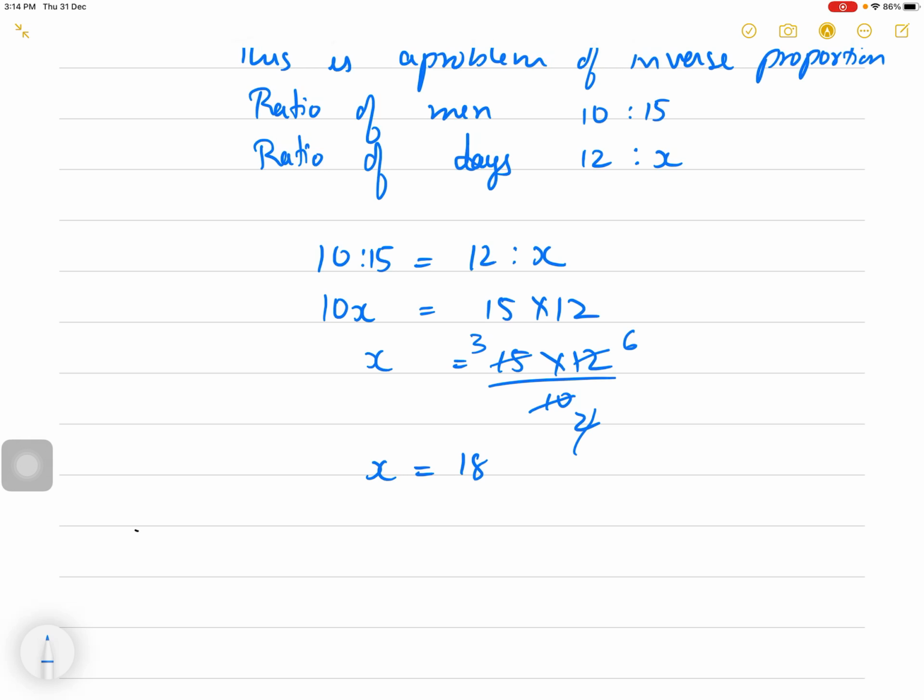So x is equal to 18. I hope my calculation is right.